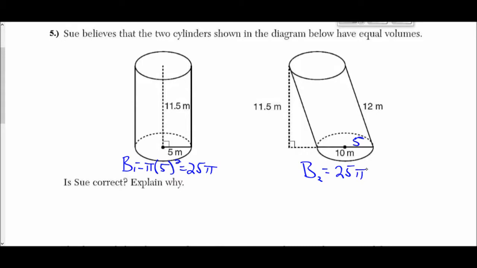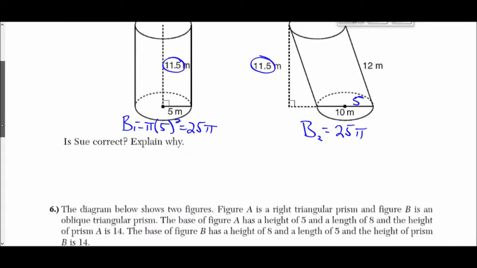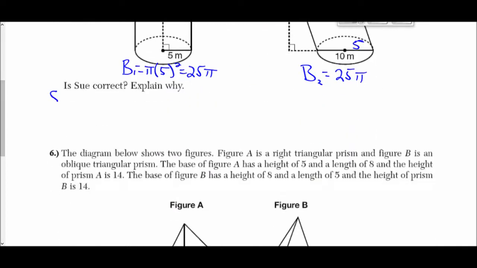And they both have a height. Remember, the height is perpendicular, of 11.5 meters. So our answer is that Sue is correct. We have to have that part of it. Right? But why? Explain why. Well, say since the cylinders have the same base area and heights, they must have the same volume.